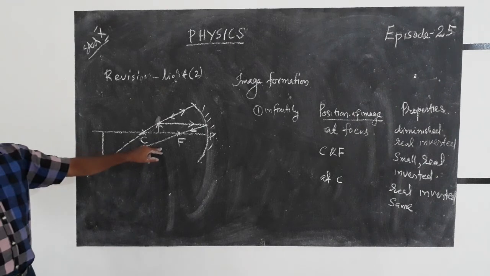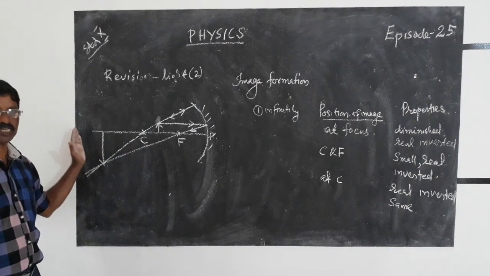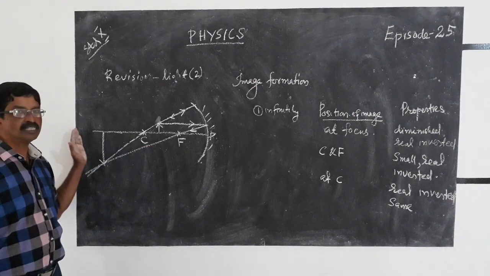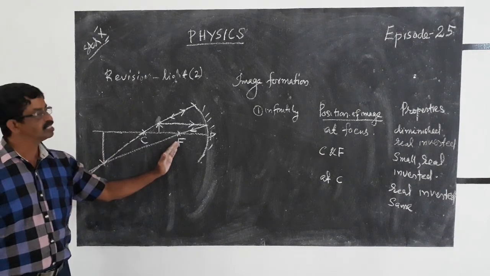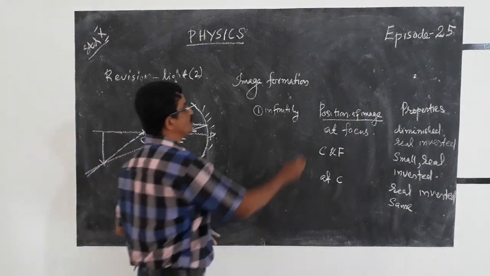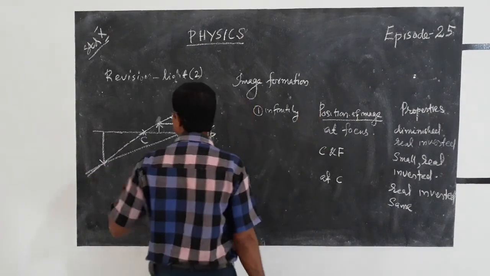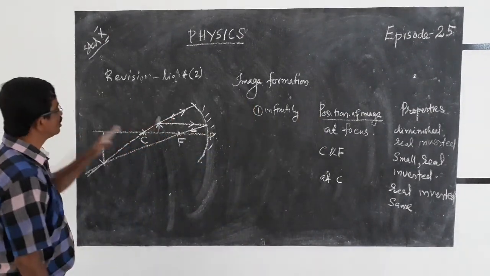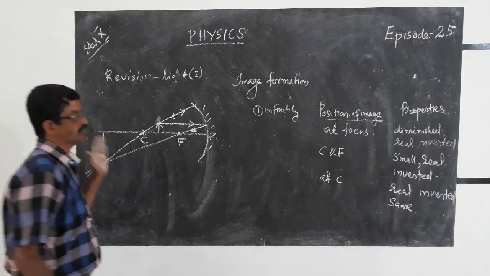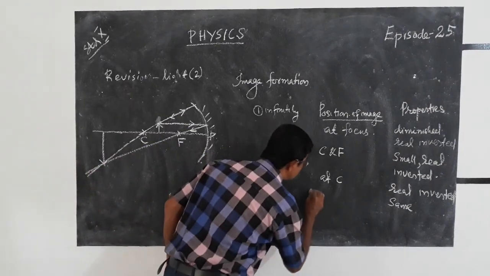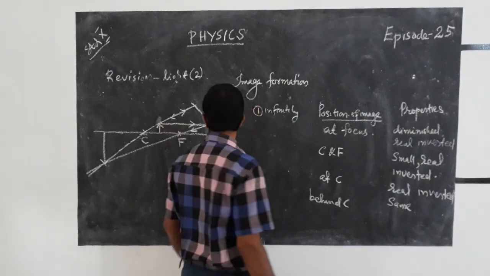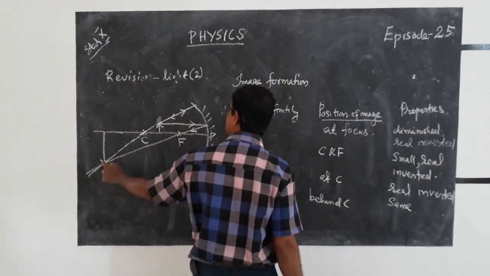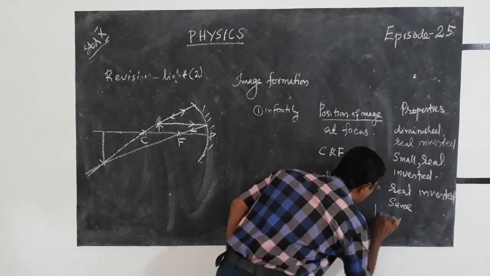Here we get the image behind the center of curvature. The position of the image is behind C. The size of the image is large.